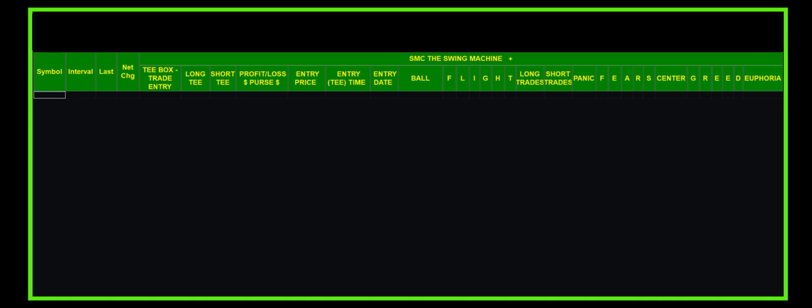A tool that would give you an objective, unbiased, consistent view of any market, a market of your choosing, on an interval of your choosing. And to do so without looking at a chart. This is Swing Machine Plus.